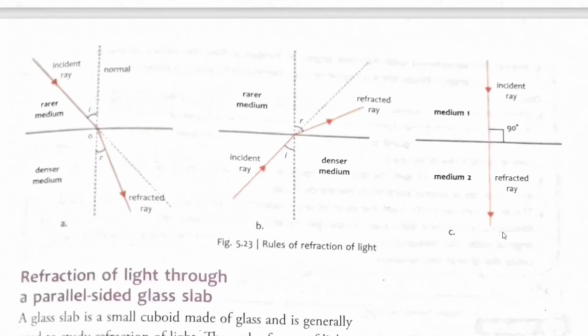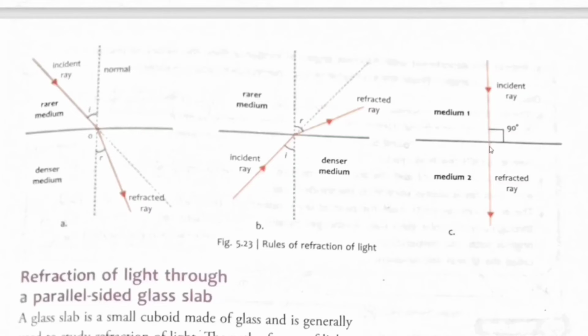And the third rule, students: if the ray of light strikes at a right angle, meaning it strikes straight at the point of incidence while it changes its medium, then there will be no deviation, no bending of the refracted ray.